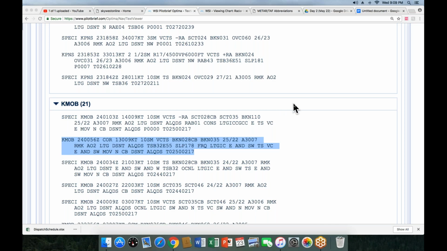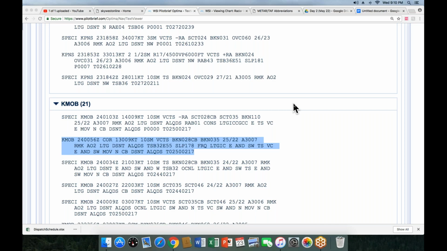So this is for Mobile, the 24th day of the month at 56 Zulu. I don't know what COR is. So just like when we were looking at TAFs earlier. Correction. Mm-hmm. Correction, winds from 130 at 9 knots.